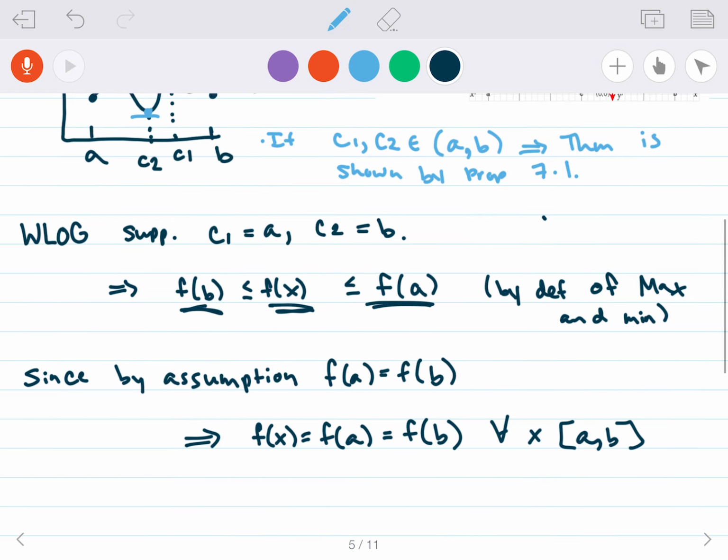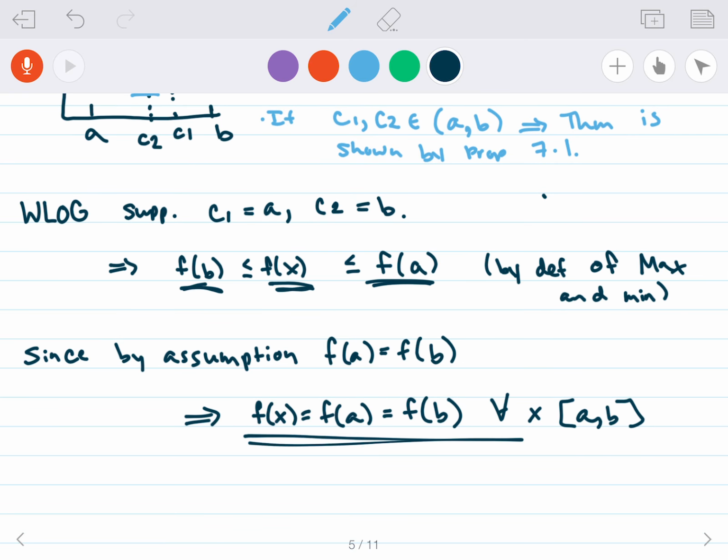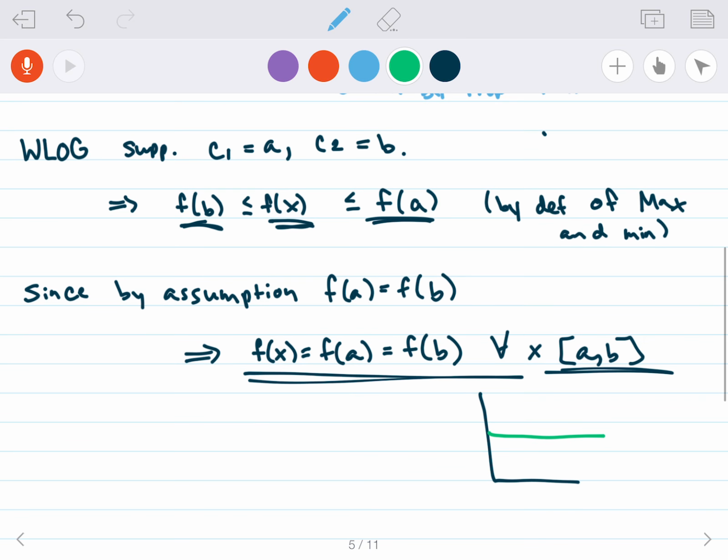And so what does that mean? If the function is not changing for all x in a, b, it just means it looks something like this, right? The function is not getting any steeper or anything like that. So that means that our function is constant.